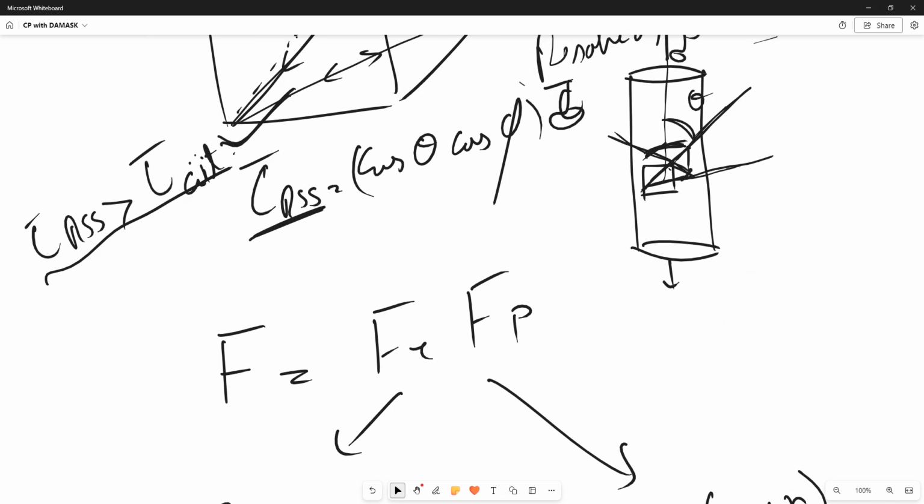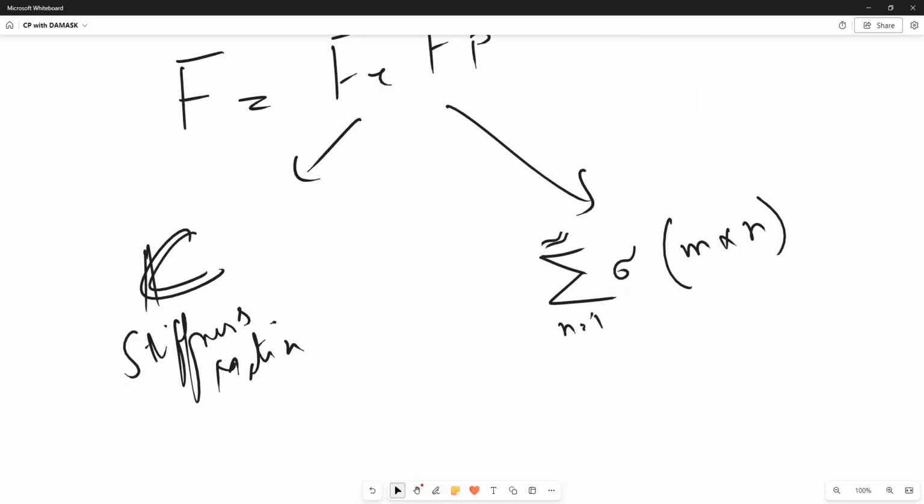So the set of all the slip systems that can take place, and the set of all the slip directions that can take place. So a cross product of this multiplied by this, and the total amount of slip is this, basically the plastic deformation gradient that we have talked about.